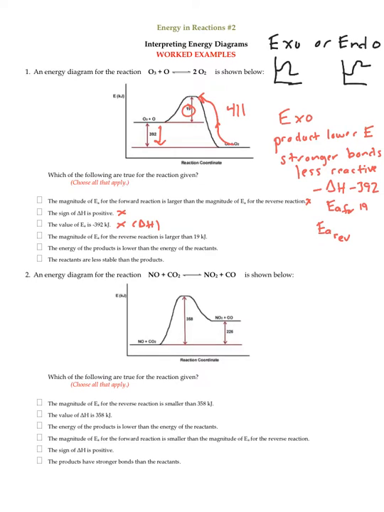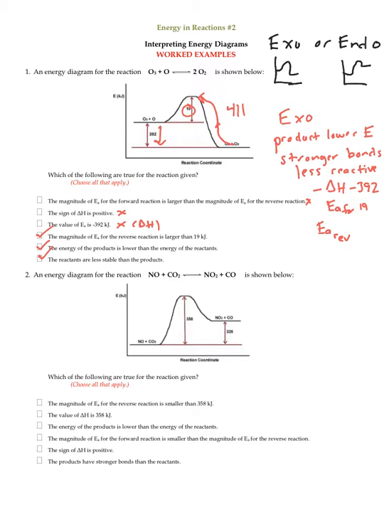There we have a true scenario, right? That is true. We just said that it's 411. The energy of the products is lower than the energy of the reactants. That's true. Again, that's always the case for an exothermic reaction.